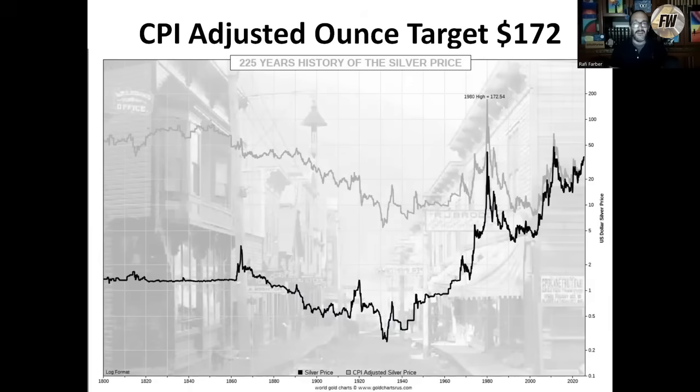But anyway, the high here for 1980 relative to the CPI, going back to 1800 or interpolated back then, which is all an estimate because nobody knows exactly what the prices really were back then, was $172.54 CPI adjusted silver ounces in 1980. But that target I don't really like, and I don't think it's realistic. I think it's way too low.